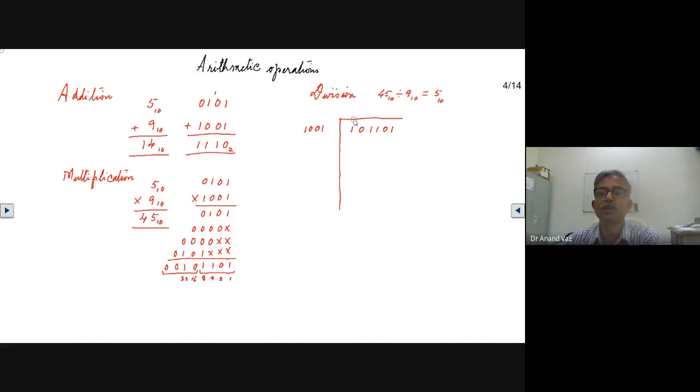So here 1, 0, 0, 1 will not go in 1. So this will not go. So we will have to bring down the next digit. Bring down the next digit, and again it will not go in this. So here also you get 0.